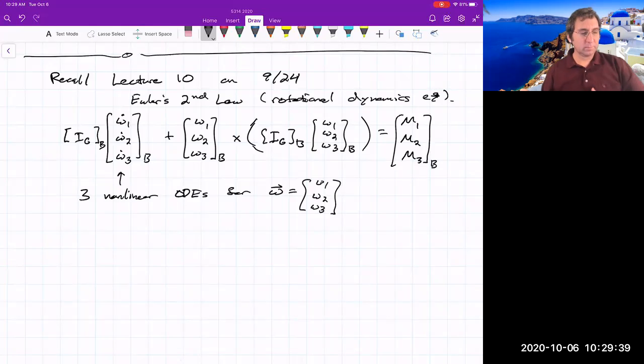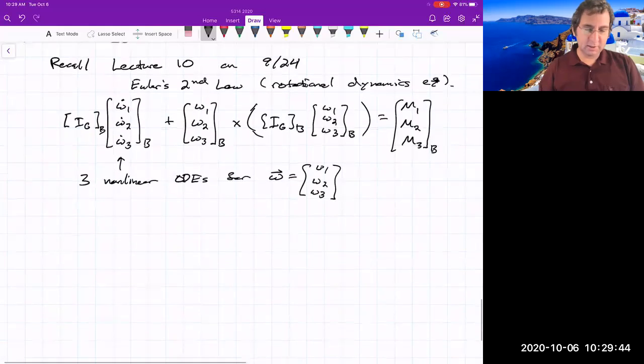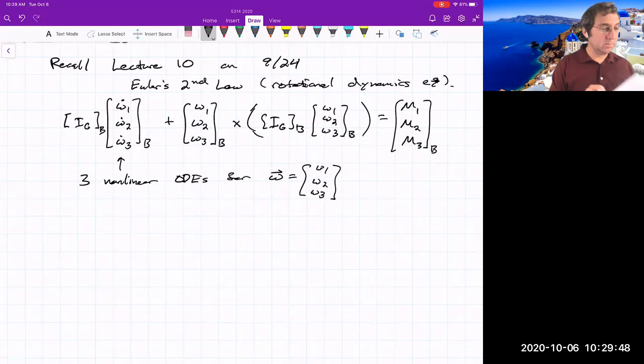Okay. And we will look at a simple case of this. We could look at a general case, but I think it's easier if we start with a simpler case.